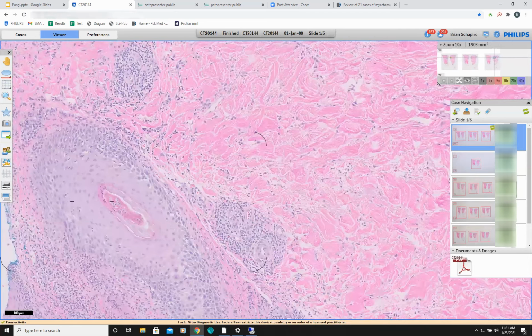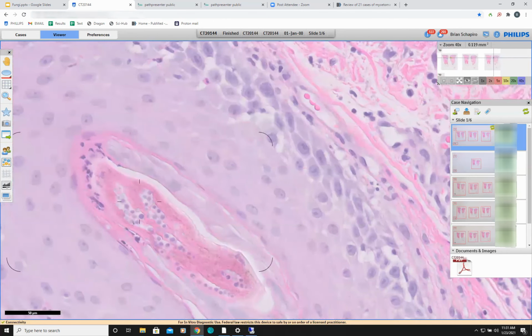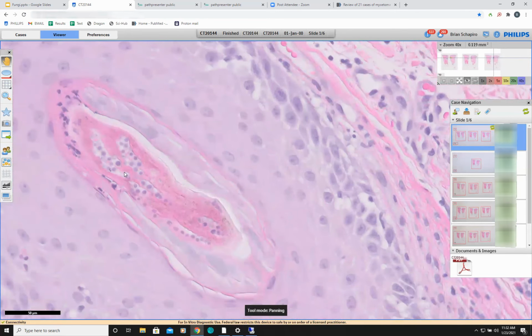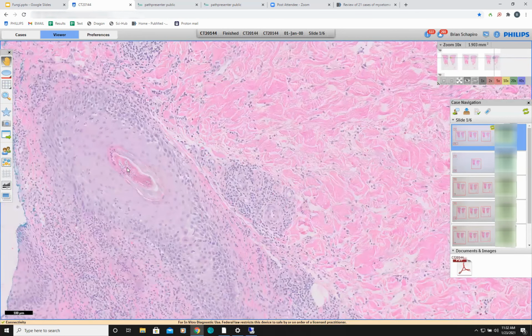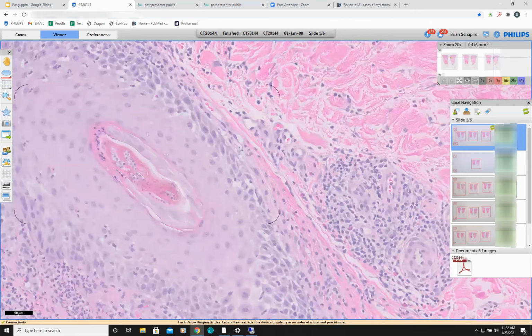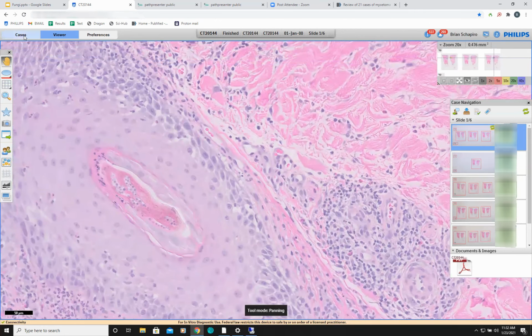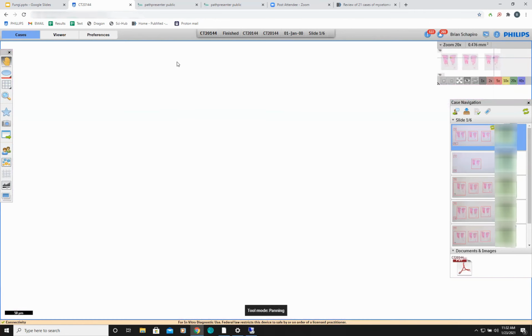And here you can see nicely endothrix, the fungal organisms inside the hair. Beautiful picture. I think I've got one or two others of these.